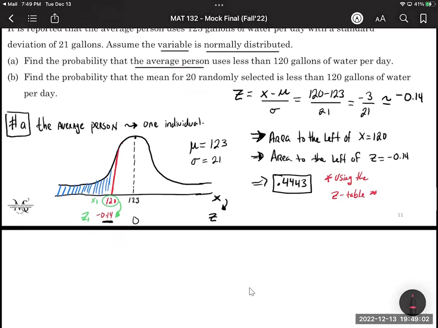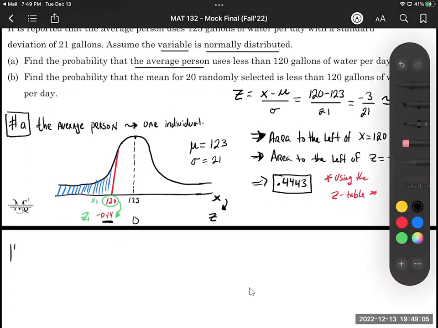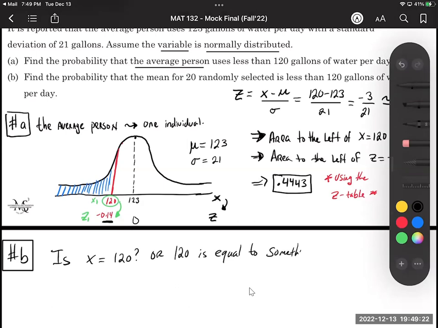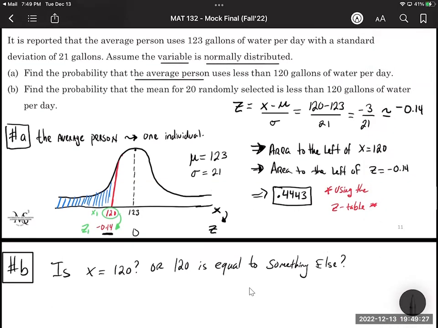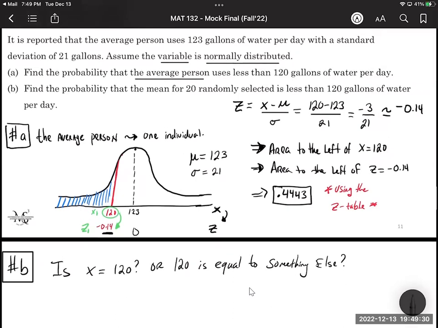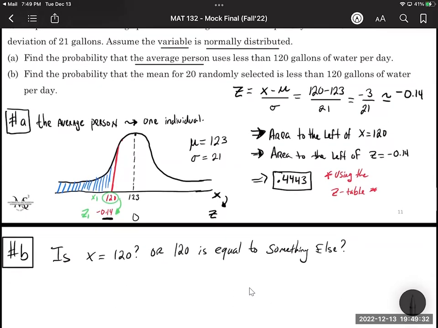So my question is this: when we do part B now, is x equal to 120, or is 120 equal to something else?